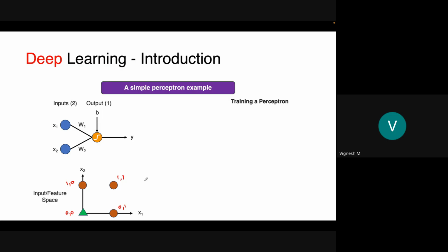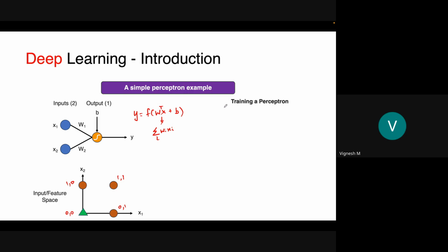So what will be the equation of the perceptron? y would be equal to f of w times x. I'm writing w as a vector, so w transpose x plus some bias b. So this is nothing but the sum over all inputs i of wi xi.